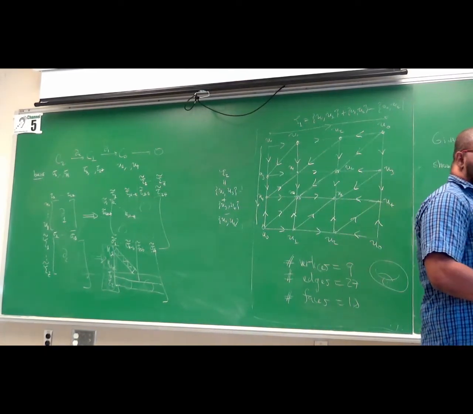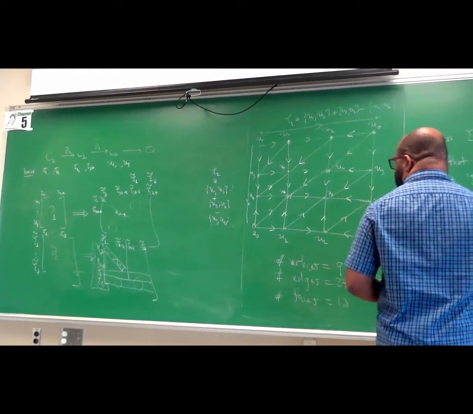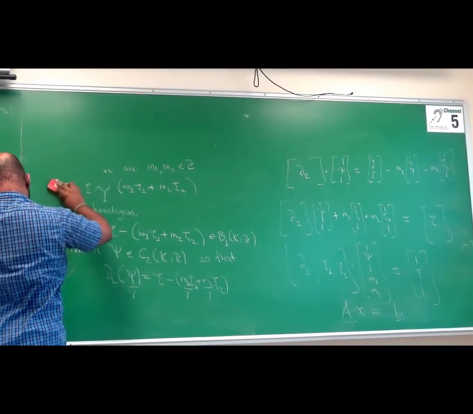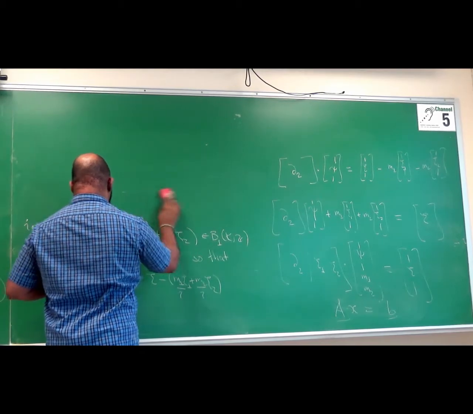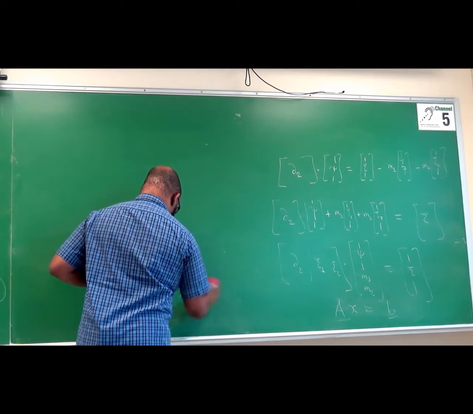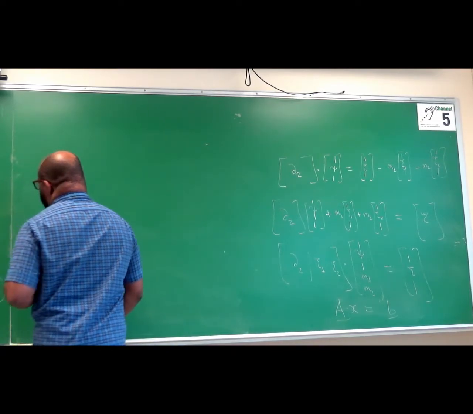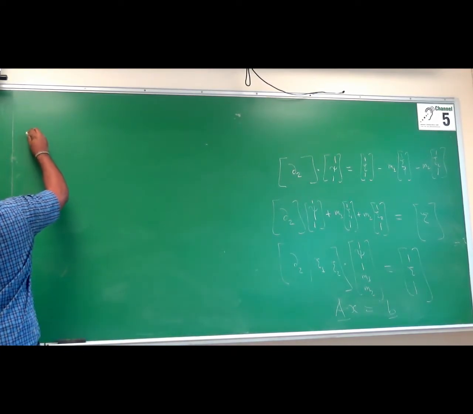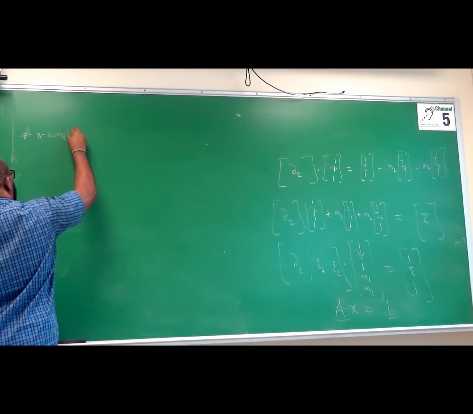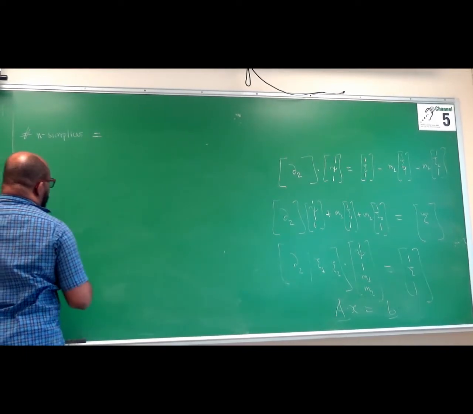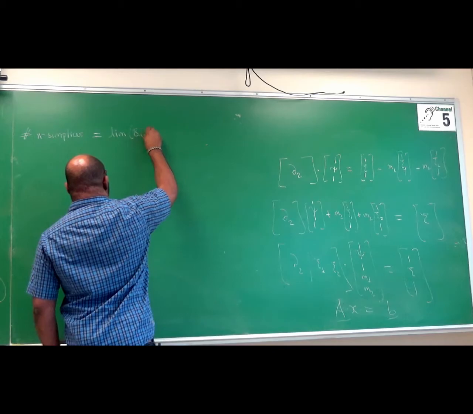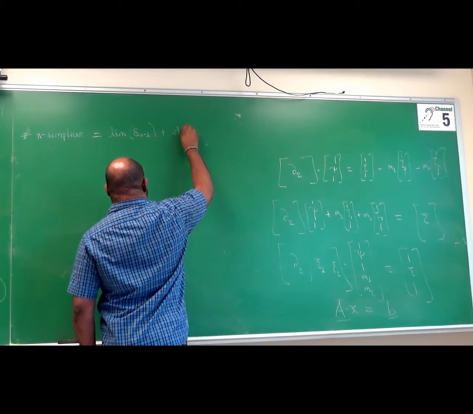So here's what I'm advocating for. Last time on Monday, we learned at least 2 things. We learned that if you compute the number of n simplices, then that is exactly the same thing as the dimension of Bn minus 1 plus the dimension of Zn.